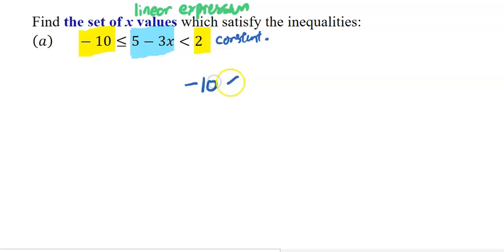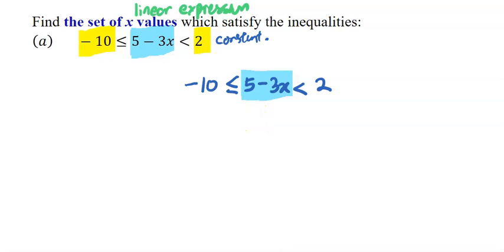First, let me copy back the joint inequality. In order to solve this, we try to make the term in between turn out to become just an x term. We're going to tackle this slowly: first we get rid of the constant 5, followed by getting rid of the coefficient -3.